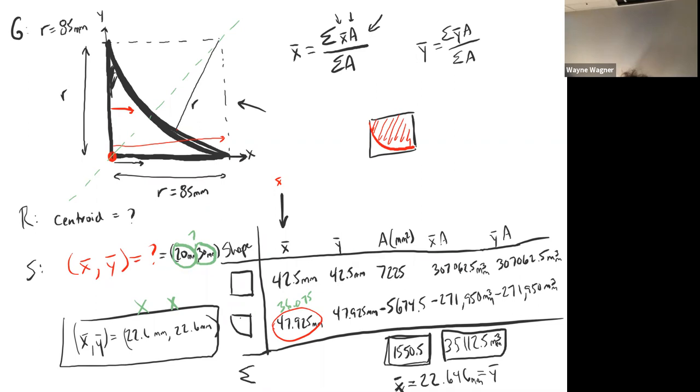You may or may not be able to see that, but as soon as you start looking at X bar and Y bar for all of these shapes, and it gives you the same formula for each one, like for a rectangle, it's just length divided by 2, length divided by 2, right? And then for the quarter circle, it was 4r over 3 pi in both directions. So once you start seeing that all of these are the same, you go, okay, what's going to be the same?